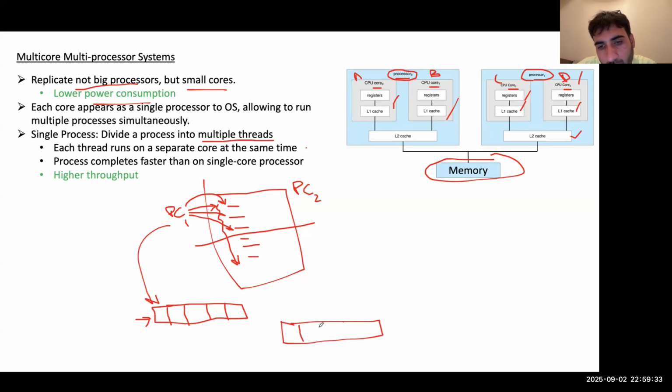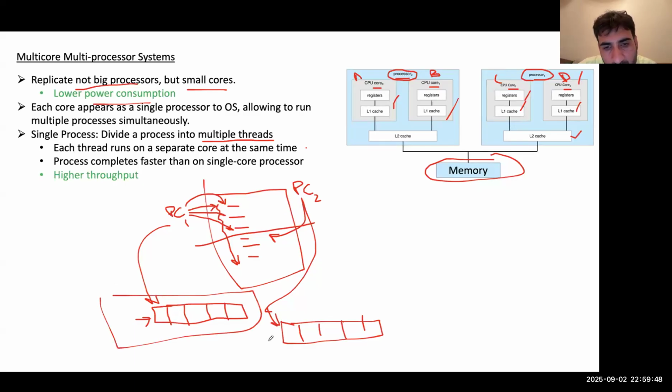PC2 points to the first instruction in the second half and directs these instructions into the second pipeline. And remember, these pipelines are inside different cores. So this is core 0, let's say, and this is core 1, right?